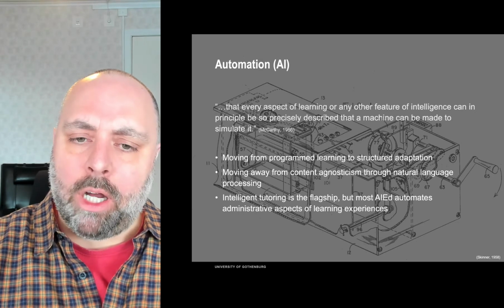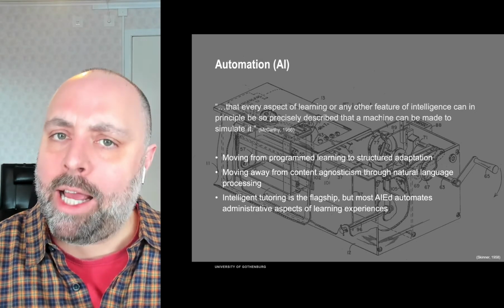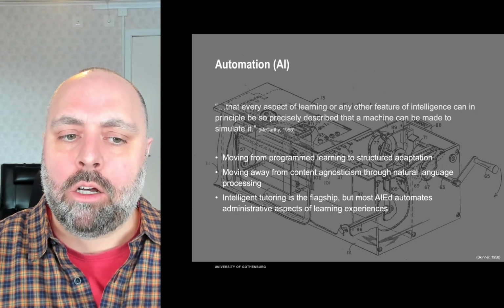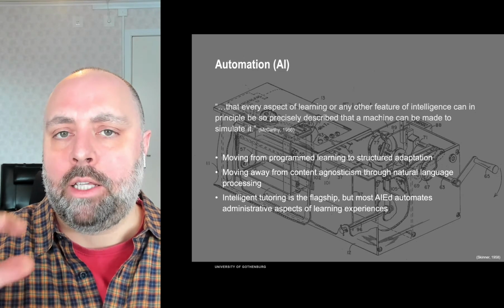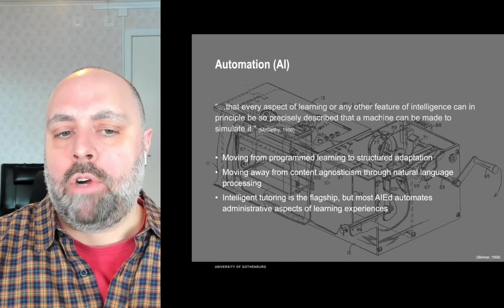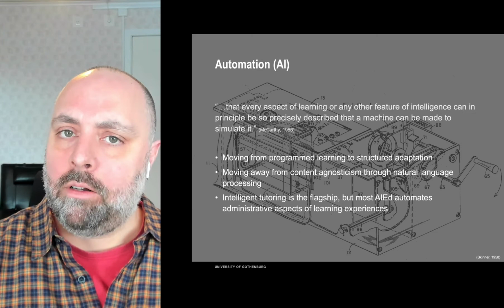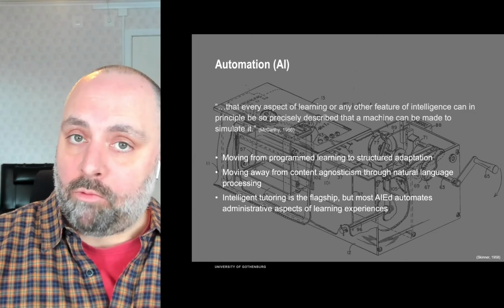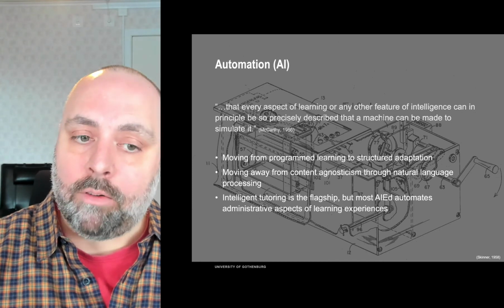And with data mining that can take account of natural language, also understand human language, we're moving away from a kind of content agnosticism where these Skinnerian teaching machines didn't really know anything about the content of the work the students were doing. They only knew whether an answer was right or wrong, not what the answer consisted of.